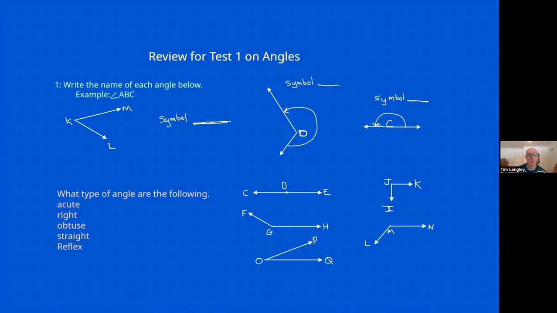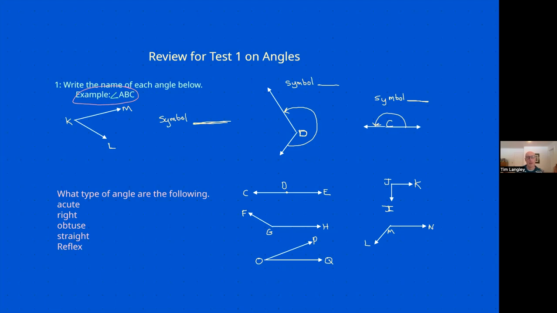Okay, question number one here, the first one on the left says, write the name of each angle below. Example, you would write angle ABC here. So let me circle this here so you can see what I'm looking at. So that's what you would do to write the symbol. I'm trying to make that really clear to you that you would write this correct symbol for this, okay? So for instance, look at this first one here, this first angle here, which is, remember how we say angles?